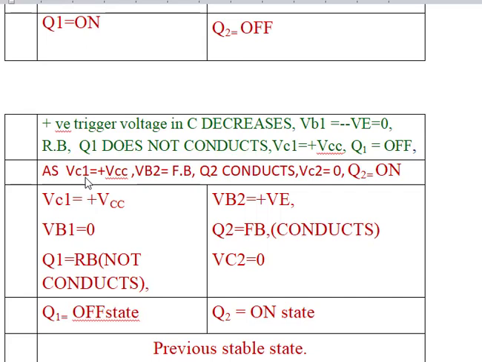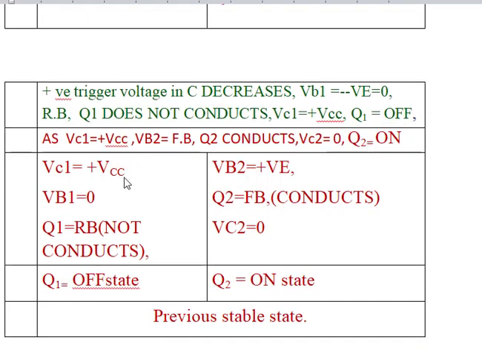As VC1 is equal to plus VCC, the base voltage is forward biased, so Q2 conducts, so automatically VC2 is equal to 0, so Q2 is in the on condition. During this off state, VC1 is equal to plus VCC, base voltage 0, Q1 is under reverse bias, it does not conduct, so it is again shifted to the off state.